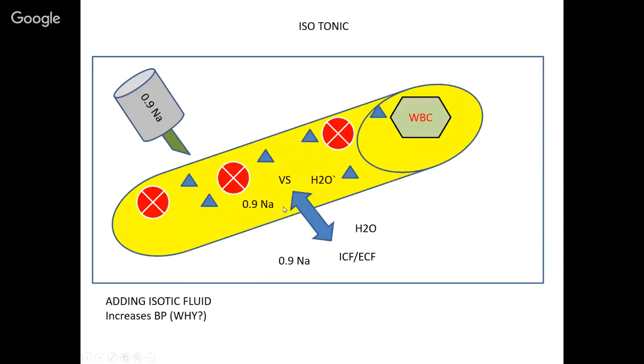Okay, so will adding isotonic fluid increase the blood pressure, and why? The answer is that we're going to see an increase in blood pressure when we add an isotonic fluid, in this case 0.9 normal saline, because the water component of the syringe elevates the blood volume in the blood vessel.